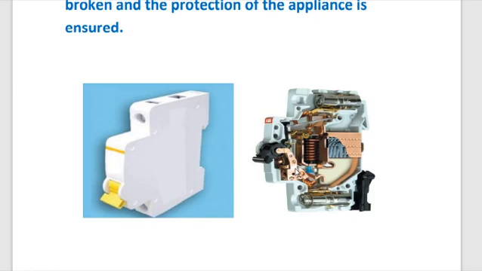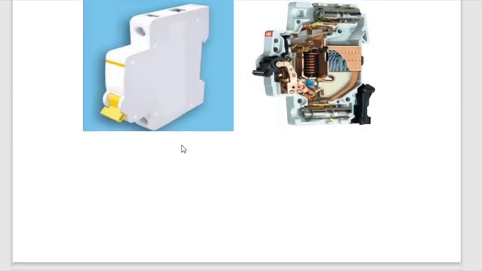It's like an iron rod, but it acts as an electromagnet when we pass the current. When an excess current passes through the circuit, the circuit is broken. You see, the circuit is broken and the protection of the appliance is ensured. So this is the diagram for the MCB, miniature circuit breaker.